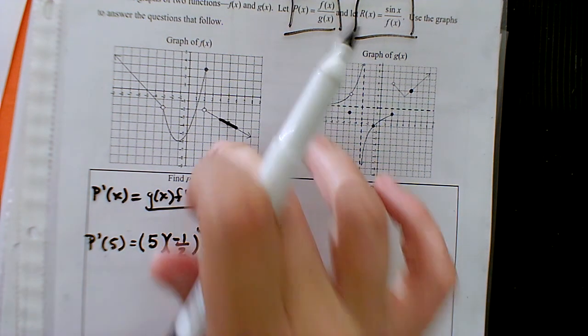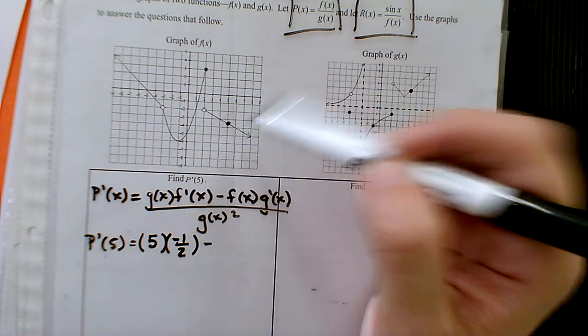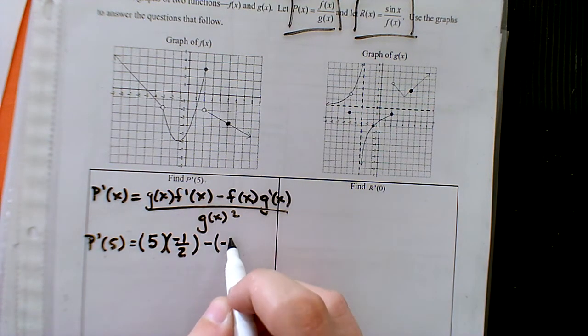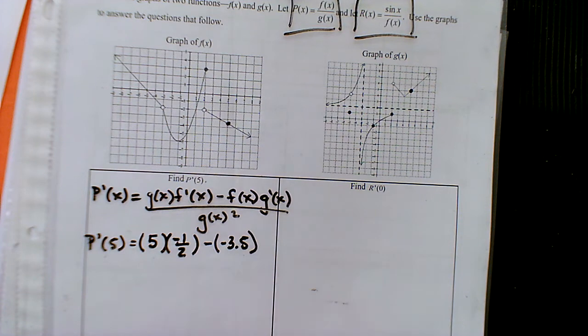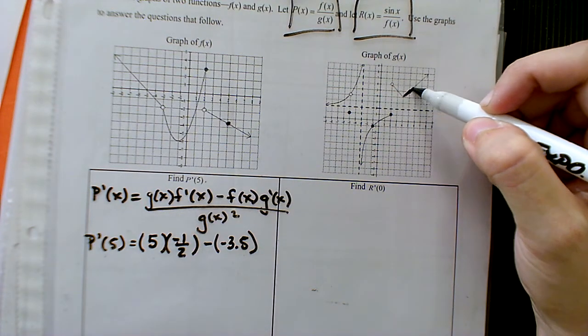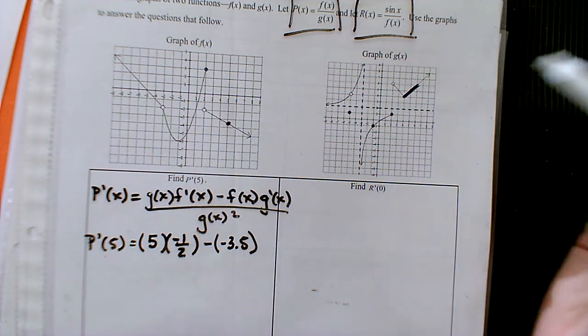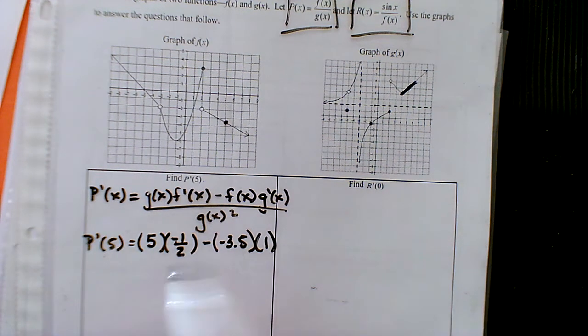All right, let's keep plugging our information in. So f of 5, the point looks like negative 3.5. And then g prime of 5. So what's the slope of the g graph at 5? 1. Good.